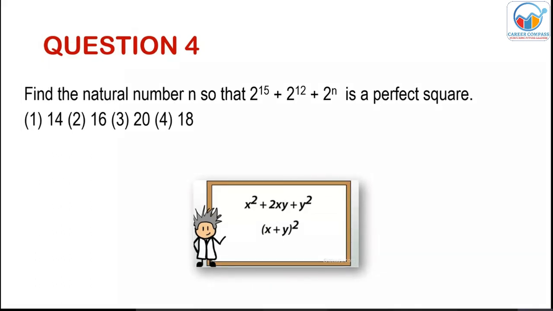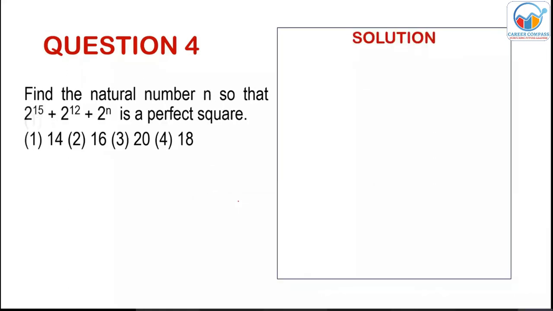All right, so let us understand this. Now, you see, we will use this basic property of algebra that a square plus 2ab plus b square is equal to a plus b whole square. So I have to ensure that the given expression takes the form a square plus 2ab plus b square.